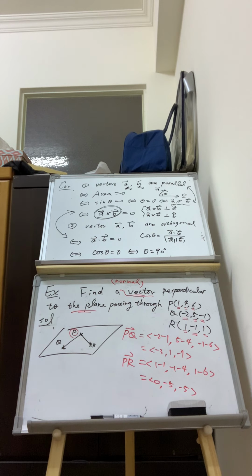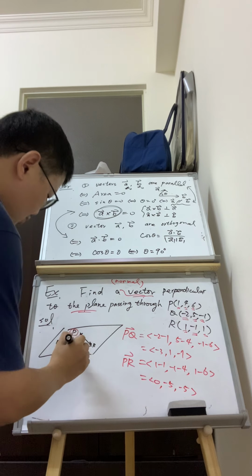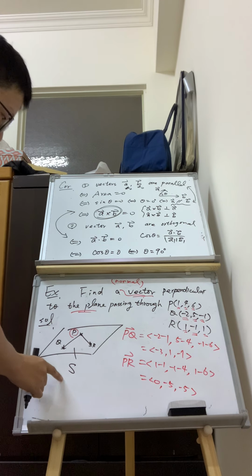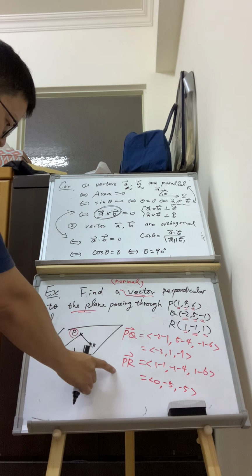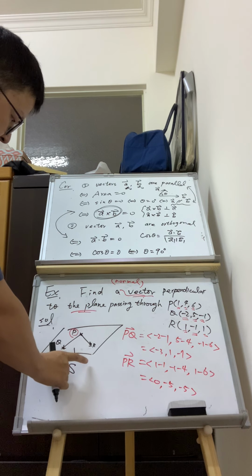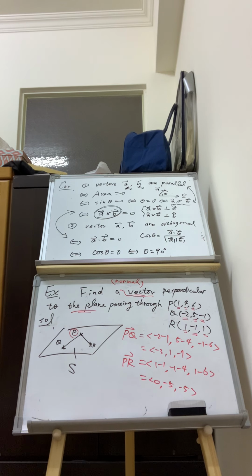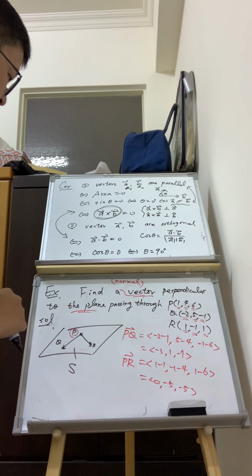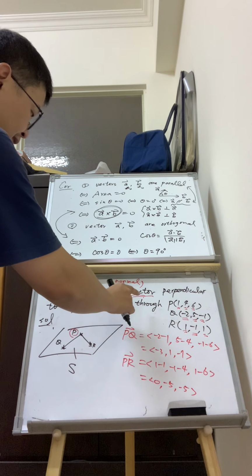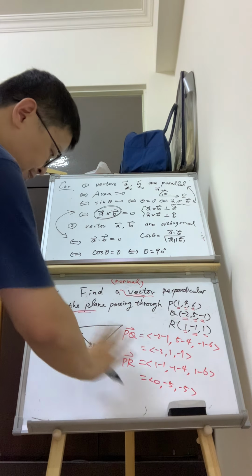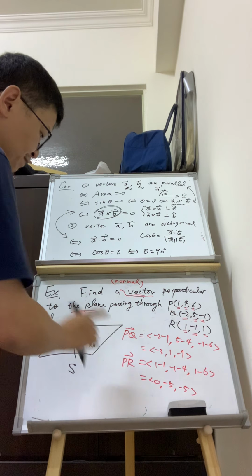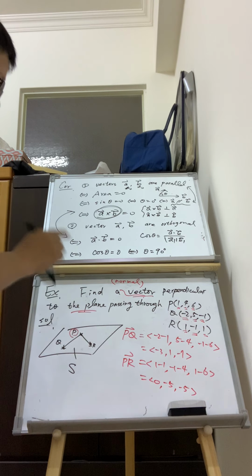Okay, so actually the plane which contains these 3 points, if we call it S, then these 2 vectors are exactly in the plane S. So using these 2 vectors, if we want to find a vector perpendicular to this plane, or perpendicular to these two vectors, then we could consider their cross product.